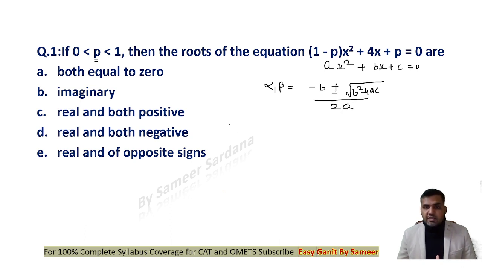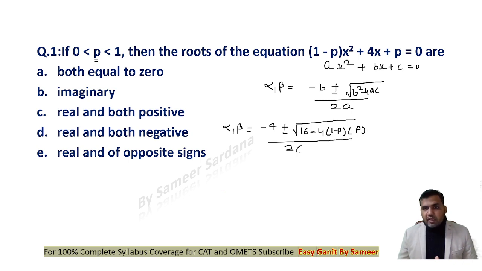Look at it now, guys. Alpha, beta will be minus b, coefficient of x, you can see is 4 in the given equation, plus minus root b square, coefficient of x square, that is 16, minus 4 times of a, that is 1 minus p, coefficient of constant term, that is p, divided by 2 times of a, which is 1 minus p.